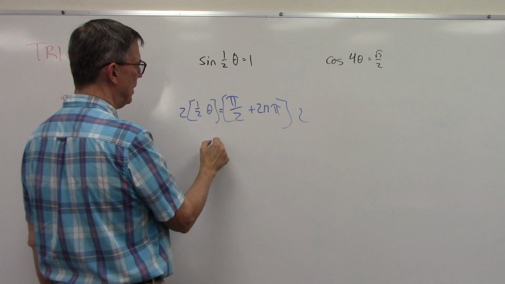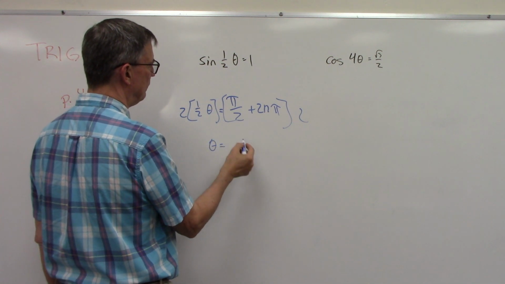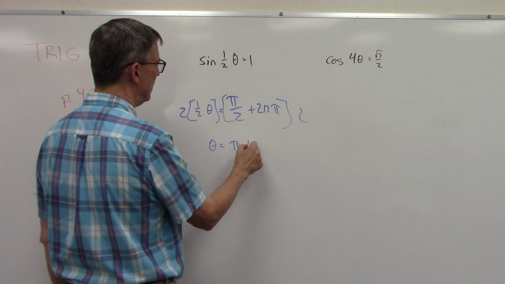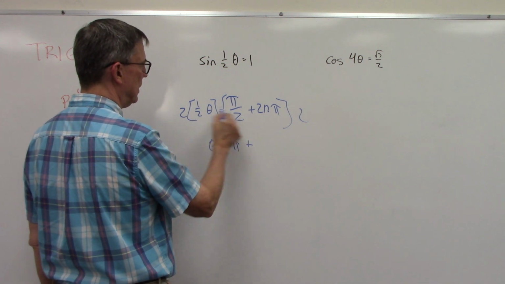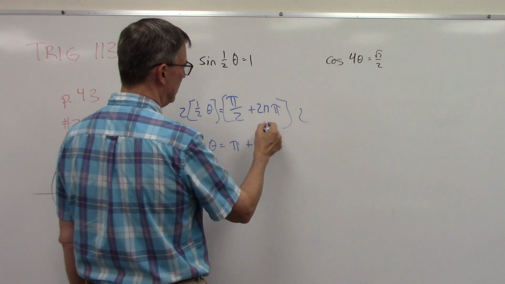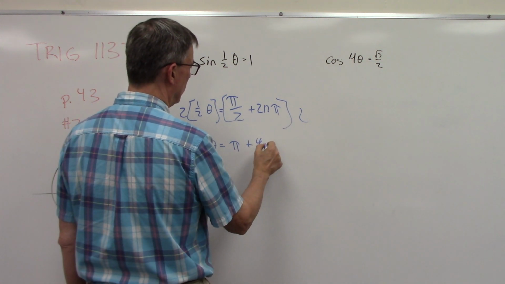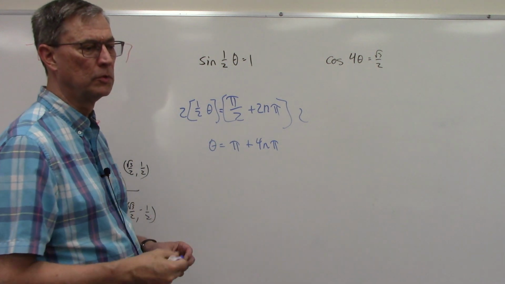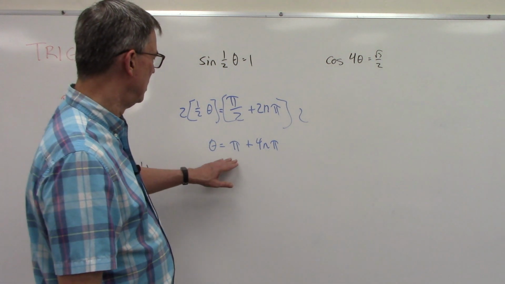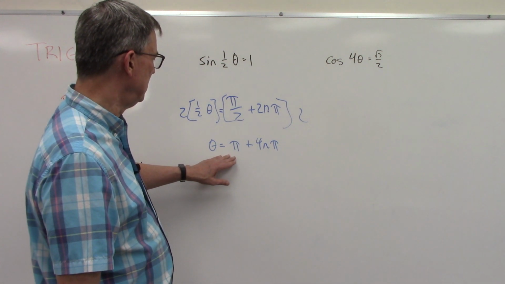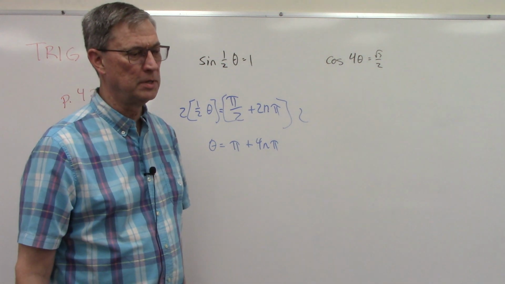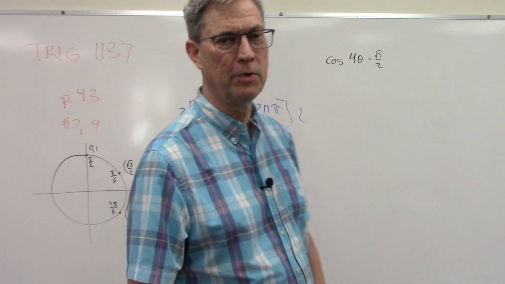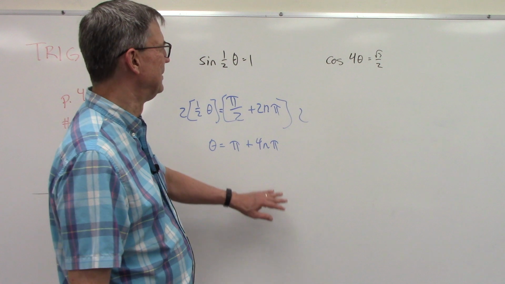So 2 times 1/2 would just give me the angle, and then 2 times that will give me pi plus, and then the 2 here, 2 times 2 will give me 4n pi. Okay, so I forgot to bring the score key with me to double check, but I feel pretty confident that that's correct.